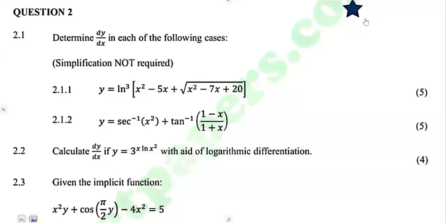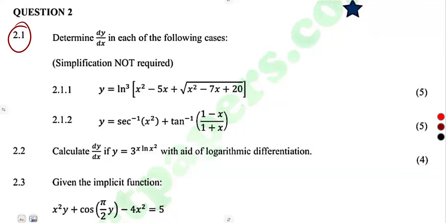So moving on with our revision of the question paper, we are still on November 2025, and this time working with derivatives, differentiation. On question number 2, 2.1, we were asked to determine dy/dx in each of the following cases.